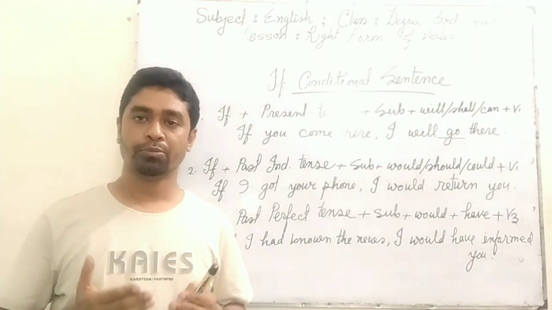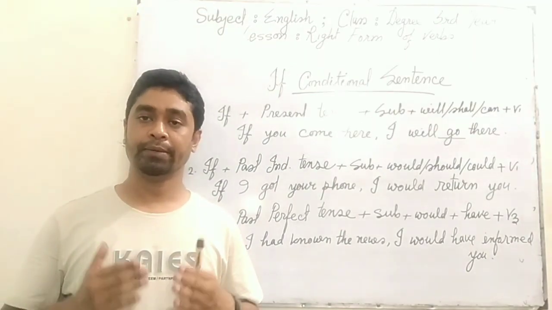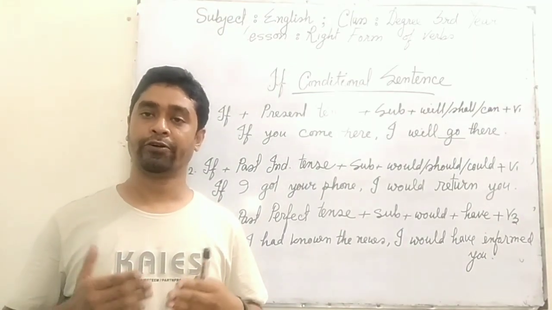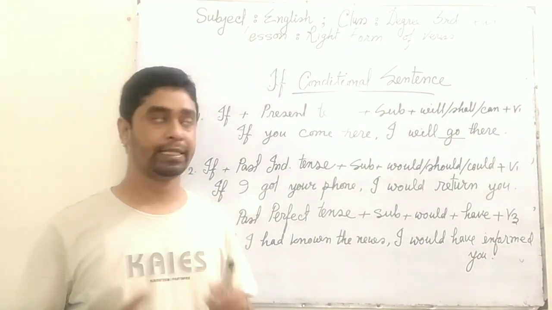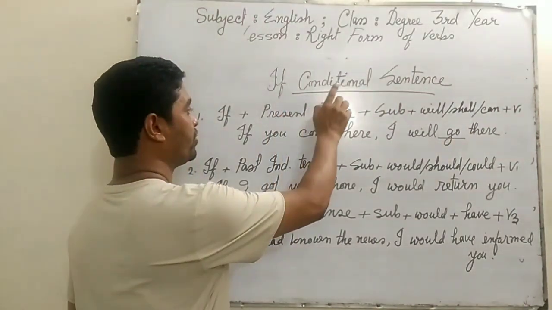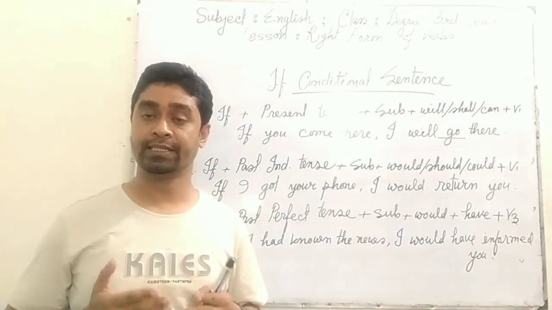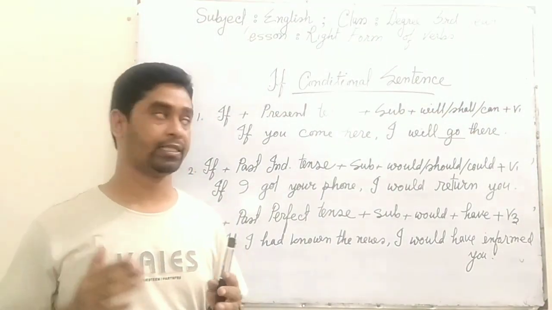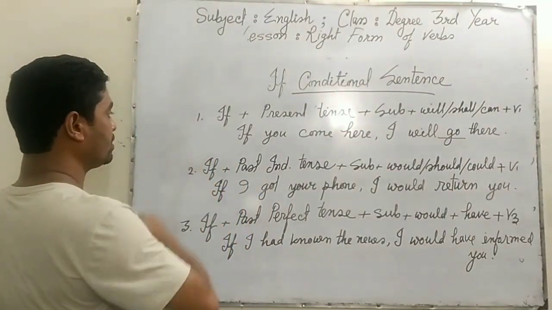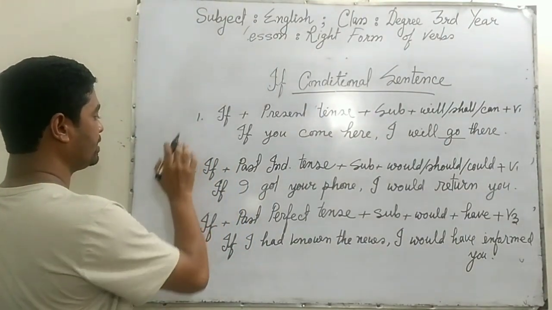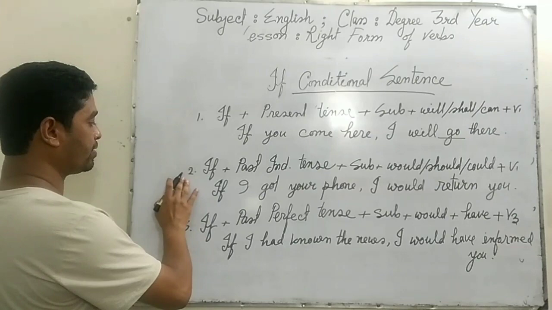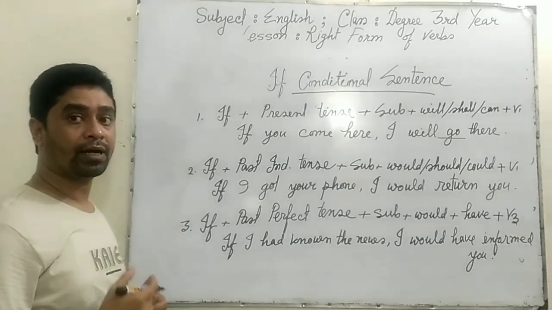Okay. Moreover, there is an important rule for right form of verb, that is if conditional sentence. We know if conditional sentence is divided into 3 sections. One is first condition, second is second condition, third is third conditional.